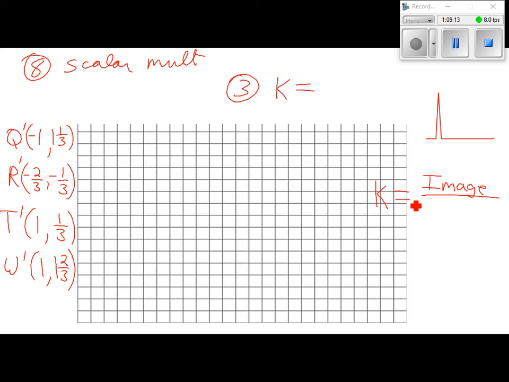What's scale factor? What's K? Image over what? Pre-image. Scale factor, K, is always image over pre-image.